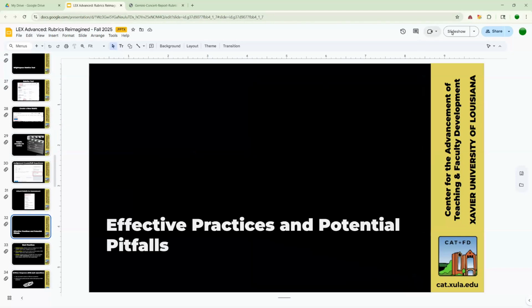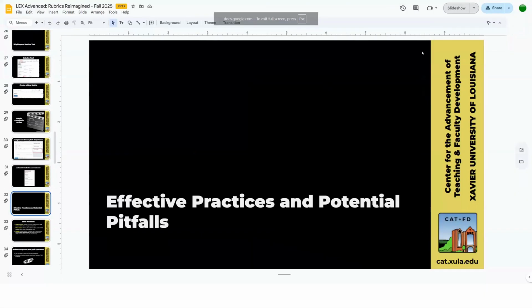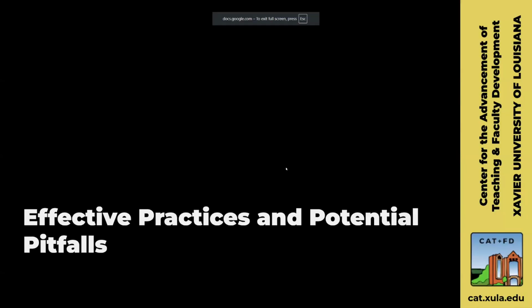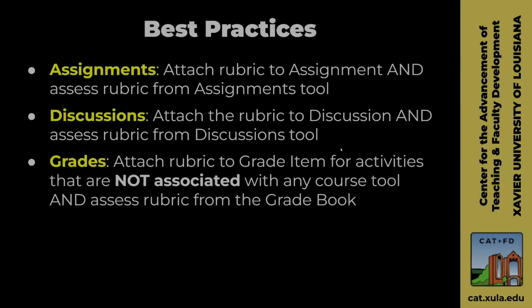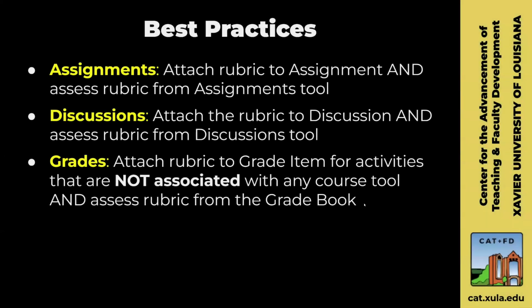Okay, so I want to end with some effective practices and some potential pitfalls that you might run into. And so when you're attaching a rubric, you can attach it to an assignment, to a discussion, and you can also attach it to a grade item in your grade book.